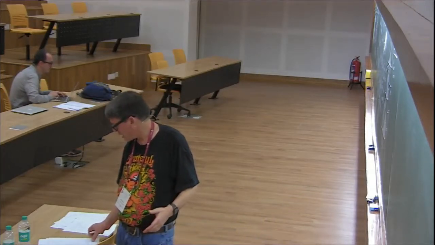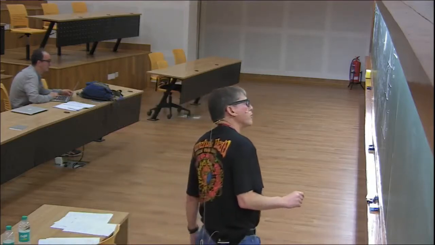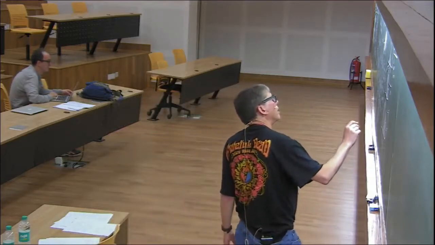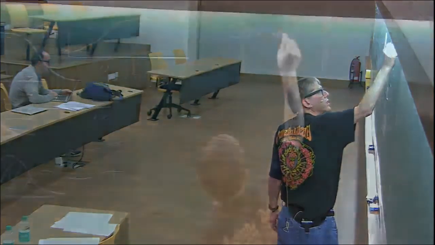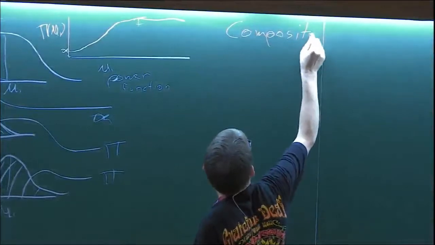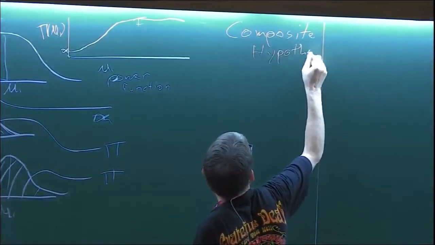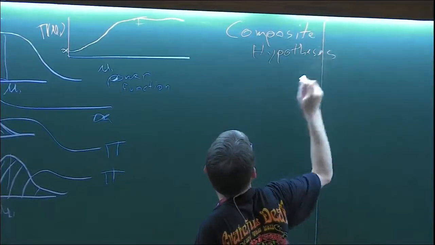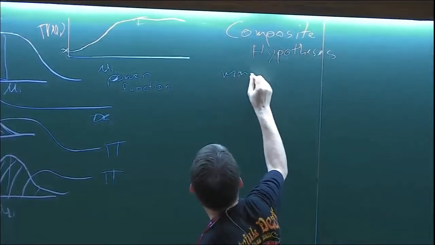Because what one is looking at more generally are composite hypotheses, and that's where there's more than one distribution.